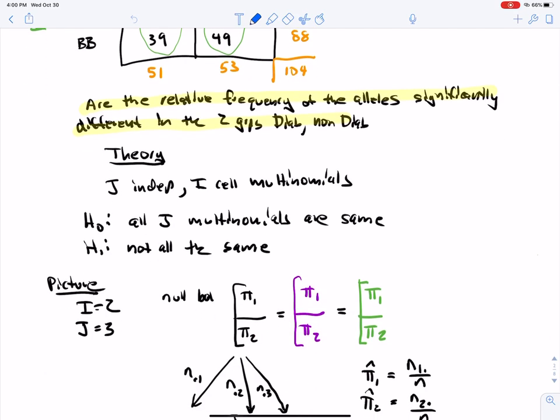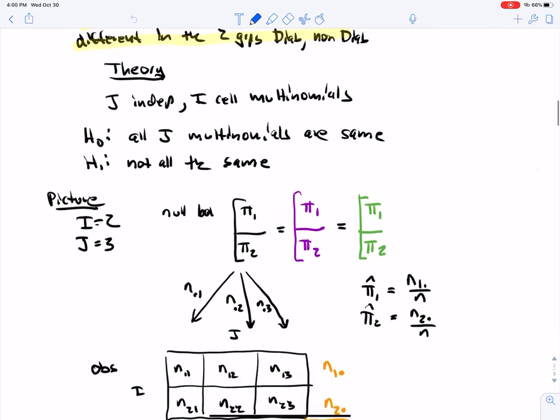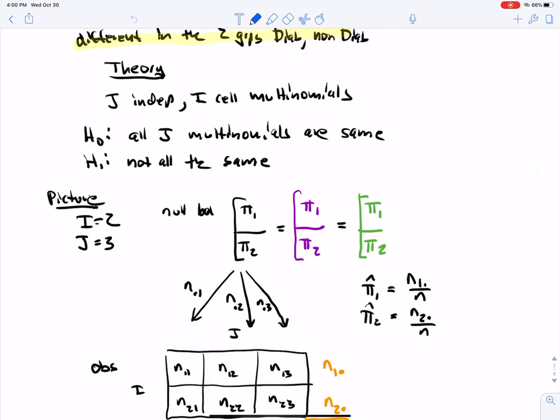Now let's just do some theory here. Let's say that instead of 2, we have J independent I-cell multinomials. Let's say that I is 2 and J is 3 for the point of illustration. Our null is that the J multinomials are all the same, and the alternative is that they're not all the same. So our null box now consists of these binomials, pi 1, pi 2.